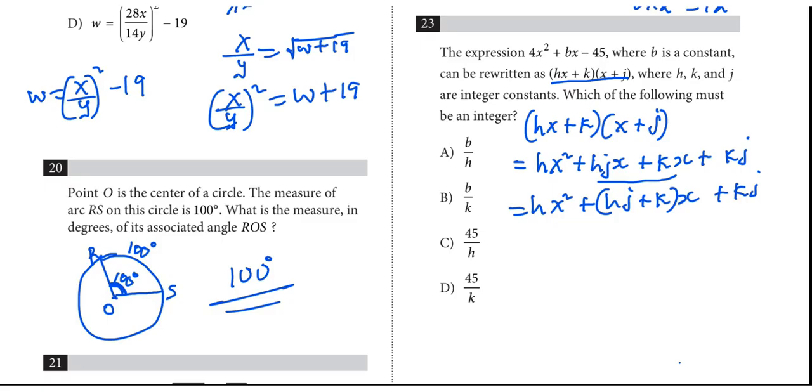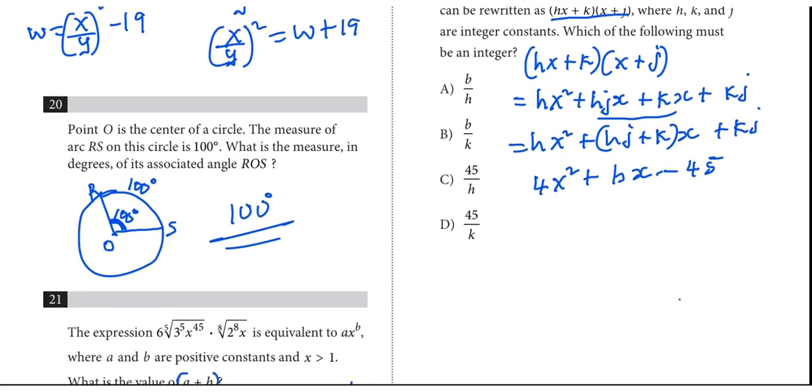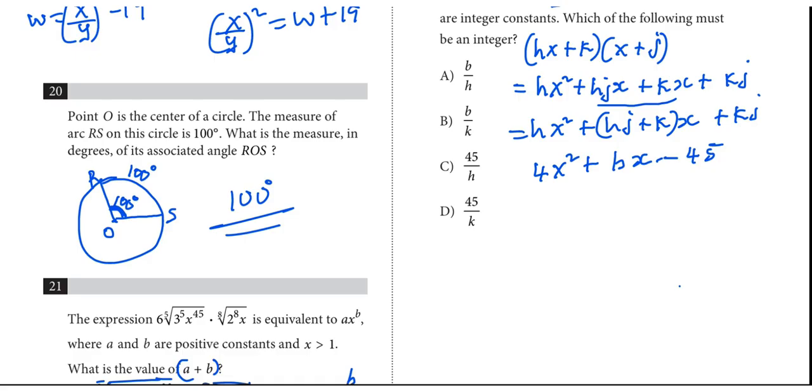Now we can bring this down here: 4x squared plus bx minus 45. So now we can compare each of these.